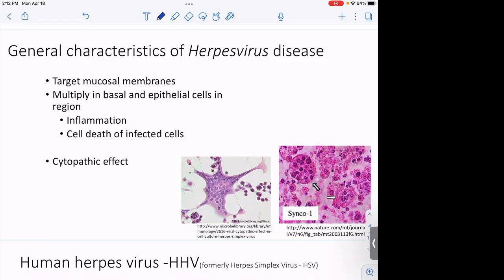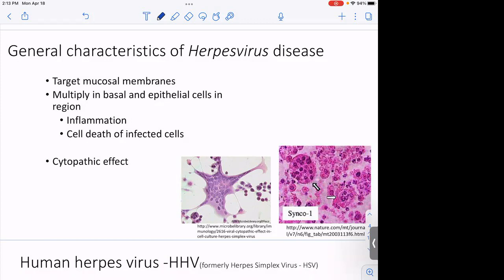That's where the virus can enter. Same thing with the urogenital tract. It's easy to have some little cracks in that. So the virions penetrate through the mucosal membranes, and they're going to multiply in those cells that line the surfaces of those mucosal membranes, the epithelial cells, and then the basal cells right below that. They cause inflammation and death of those targeted cells.